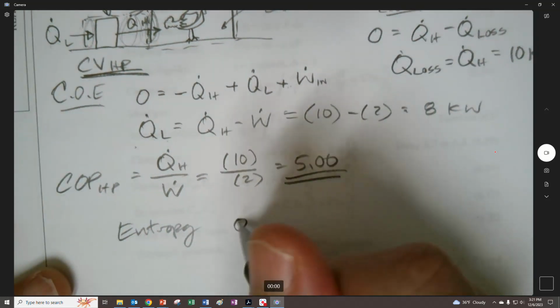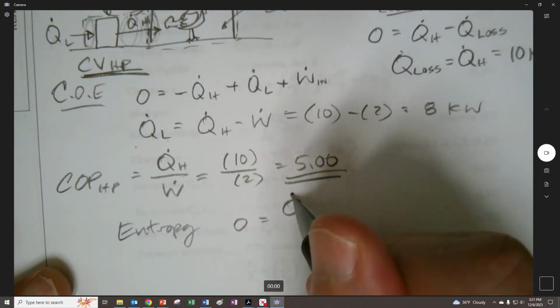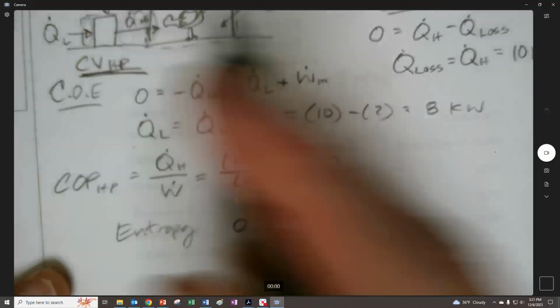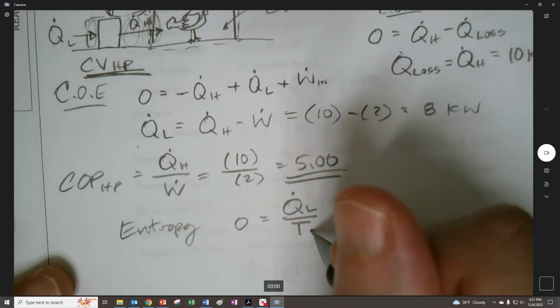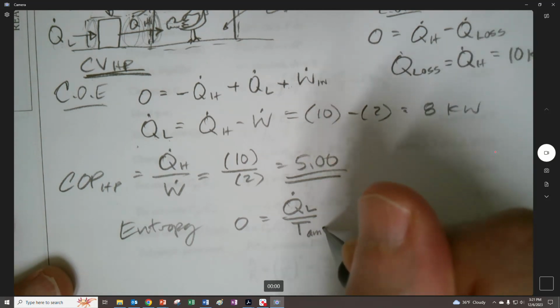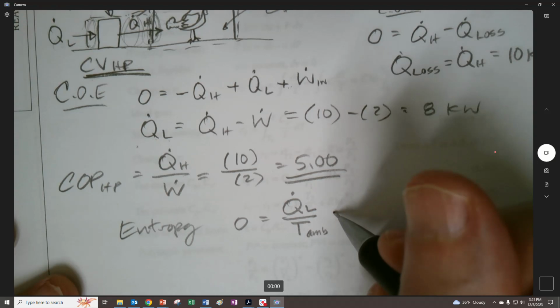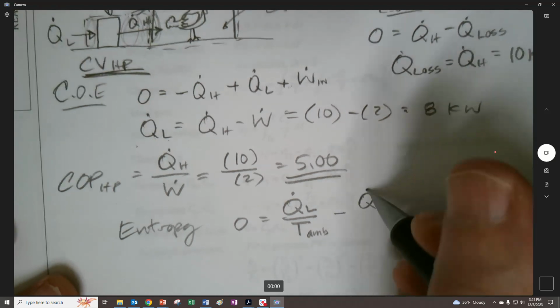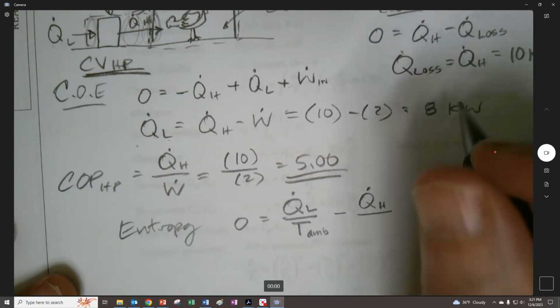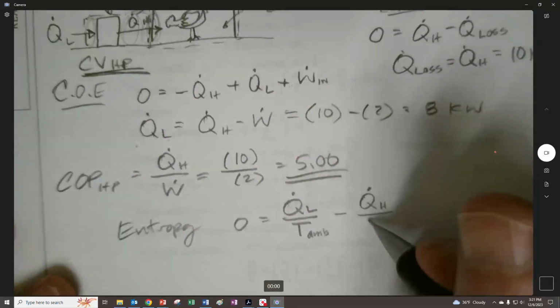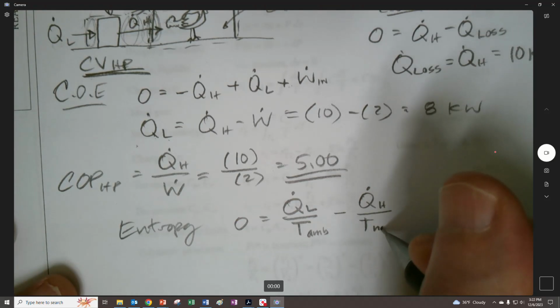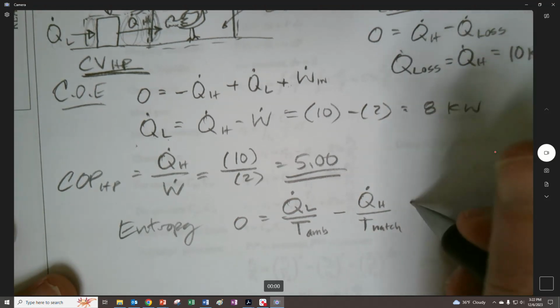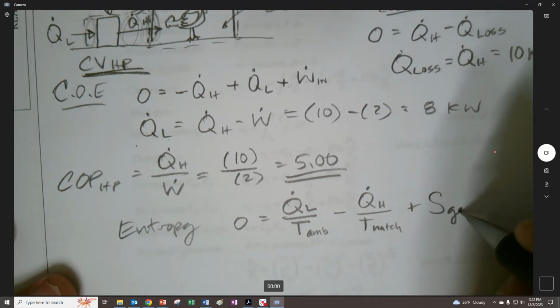And so we're going to go 0 equals Q, coming into the thing is QL over T ambient. And then out of it is going to be Q dot H coming into there. And this is going to be the temperature of the hatchery, and then the generation by the heat pump.